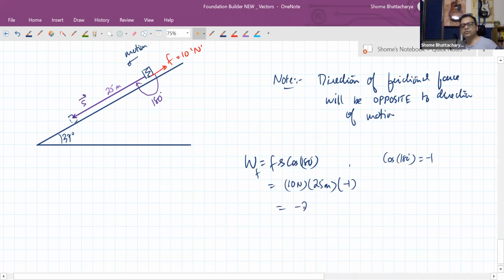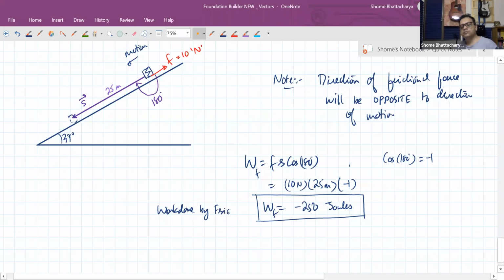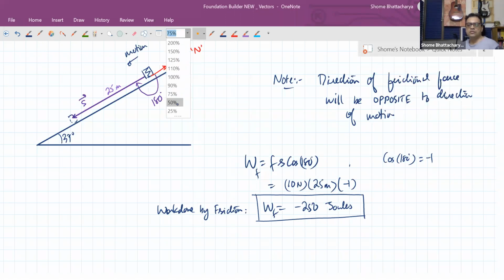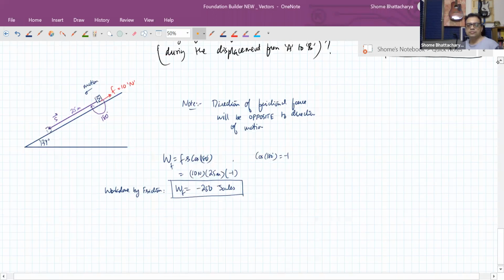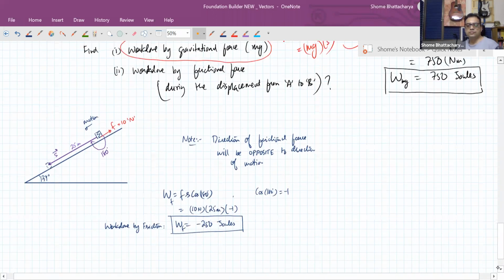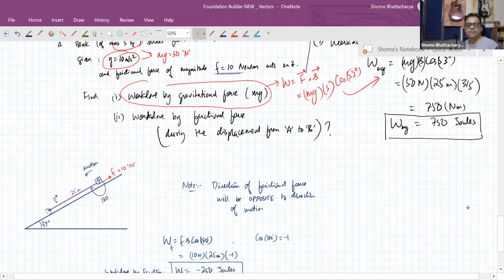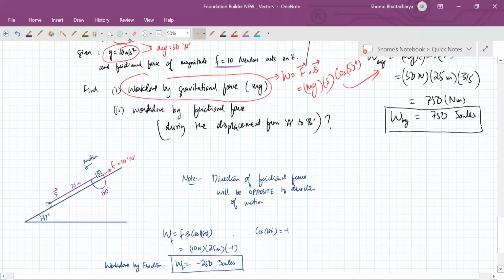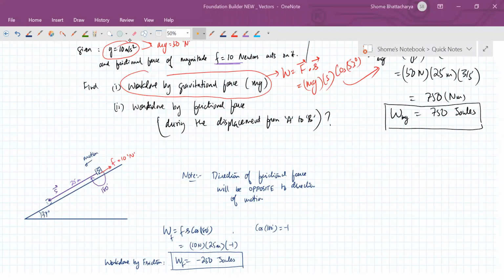So it will be minus 250 joules. That will be the work done by friction. So note this down quickly.